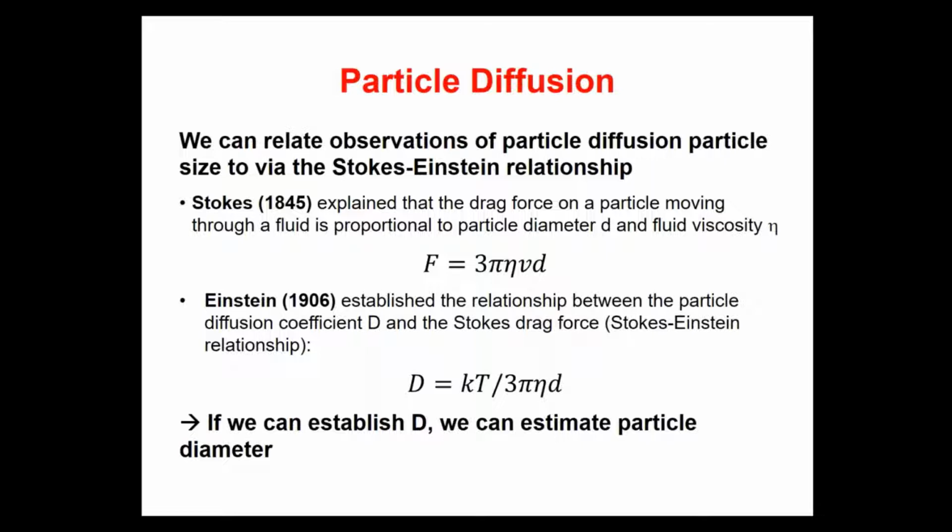Einstein completed the picture by establishing a relationship between the particle diffusion coefficient D and the Stokes drag force, giving us the Stokes-Einstein relationship that is, again, dependent on the liquid viscosity, eta, and the particle diameter, D. So if we can measure and establish the diffusivity of a particle, we can directly relate it to its diameter. As you may know, this is the hydrodynamic diameter. This is the equivalent diameter that a particle would have as it moves in the same way as you observe here.